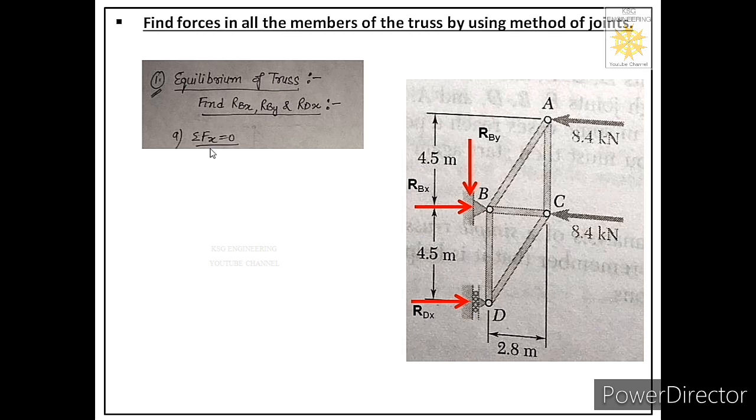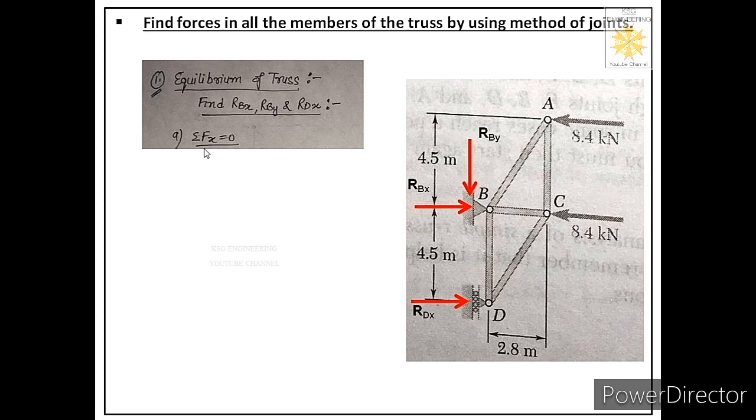Before applying this equation, let us first see how many total forces there are in this truss. So there are 5 forces, 3 are reactions and 2 are external forces. One is labeled at joint A as 8.4 kN, second is labeled at joint C as 8.4 kN, and both these forces are horizontal forces.